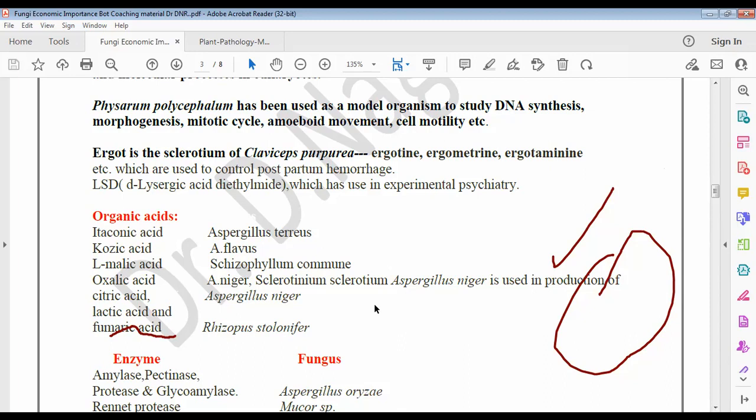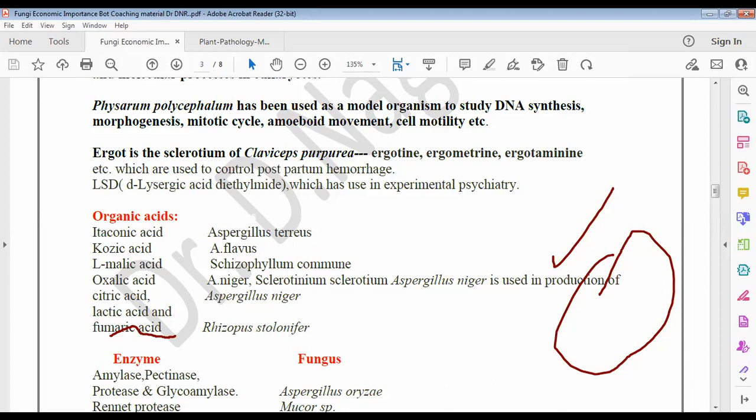These are all organic acids, secondary products that we prepare using these microbes. In citric acid preparation, which fungi are we using? Aspergillus. For lactic acid, Rhizopus.